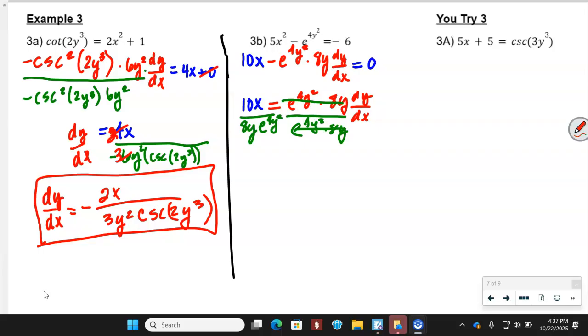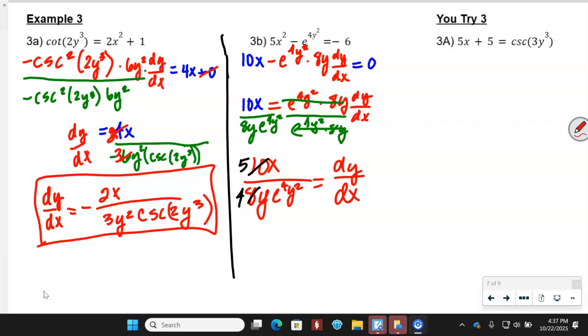So we got our dy over dx equals 10x over 8y e to the 4y squared, right? Oh, I see something else that can be reduced, don't y'all? Yeah, 10 and 8. So both of these can be reduced. That would be 5 and that would be 4.